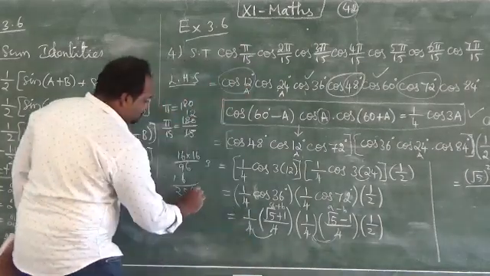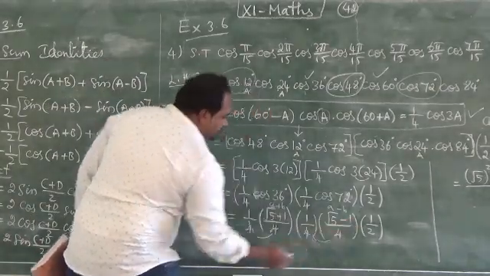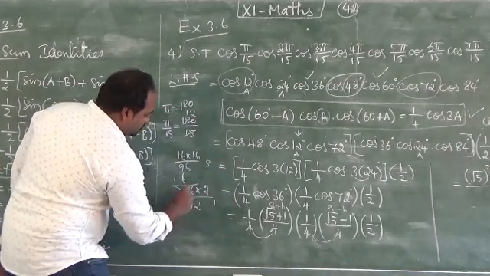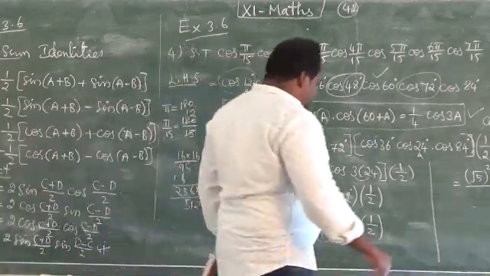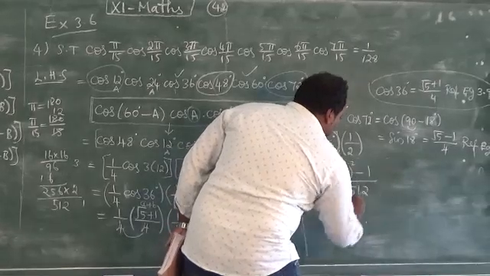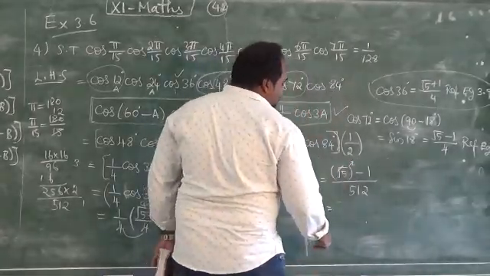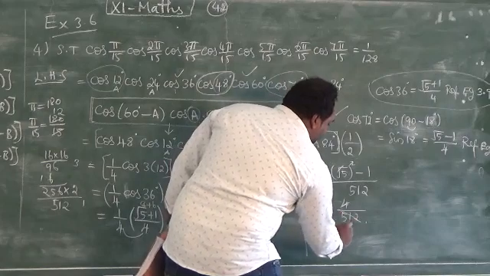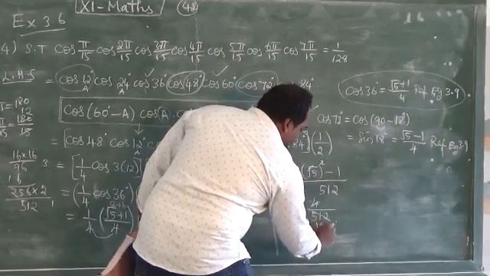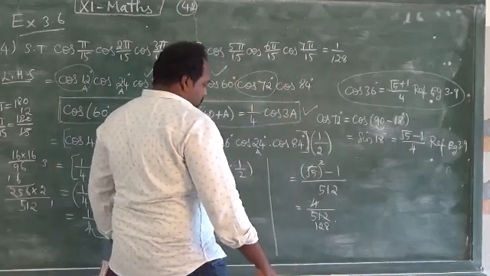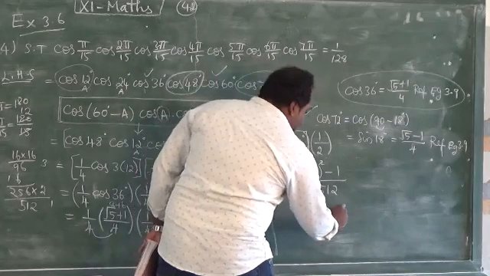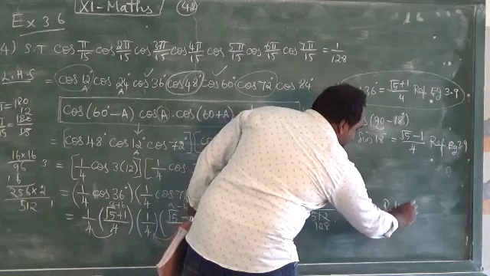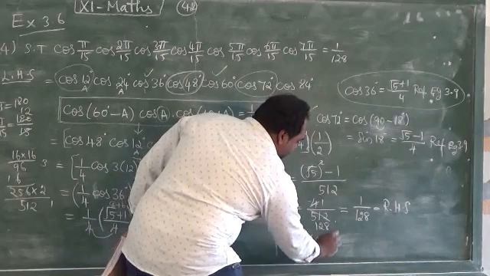So 256 into 2, that is 512. Then square and root will be cancelled. 5 minus 1 is 4. 4 divided by 512 is 1 by 128, equal to the RHS. Hence proved.